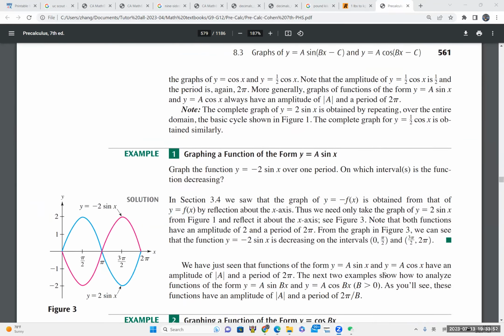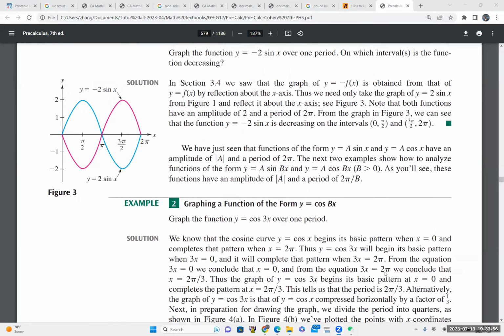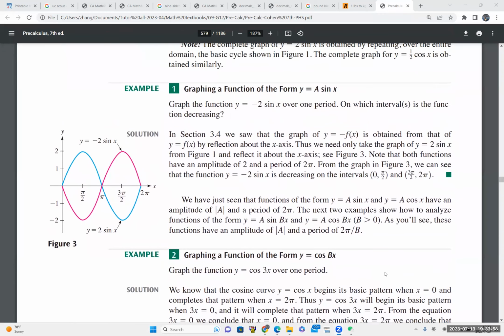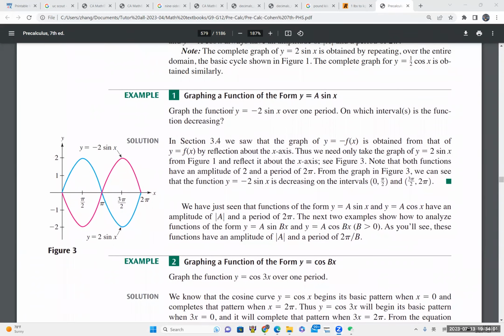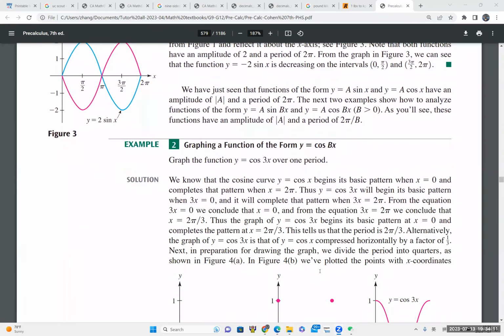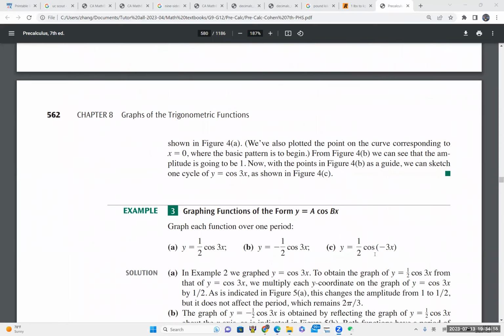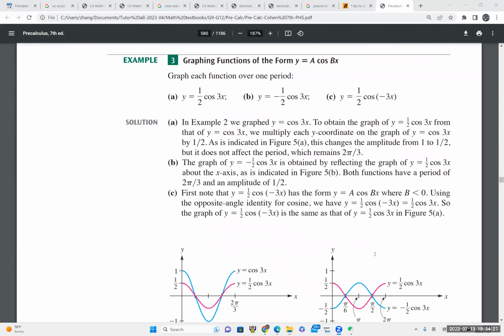Now let's see. When we multiply by -2 to the function, negative means reflect about the x-axis. 2 means stretch, right? Now this will show the period change. So here shows the new period.